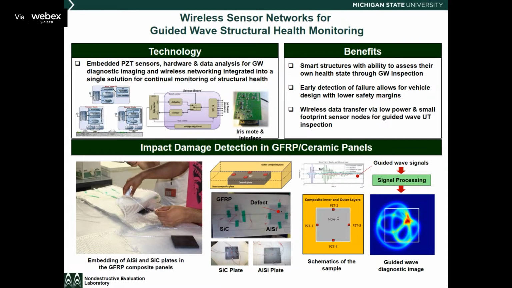You can either put a sensor on the surface of the structure or system, or you can also embed it in the composites. One way of doing that is to put sensing materials in when you lay up the composites.